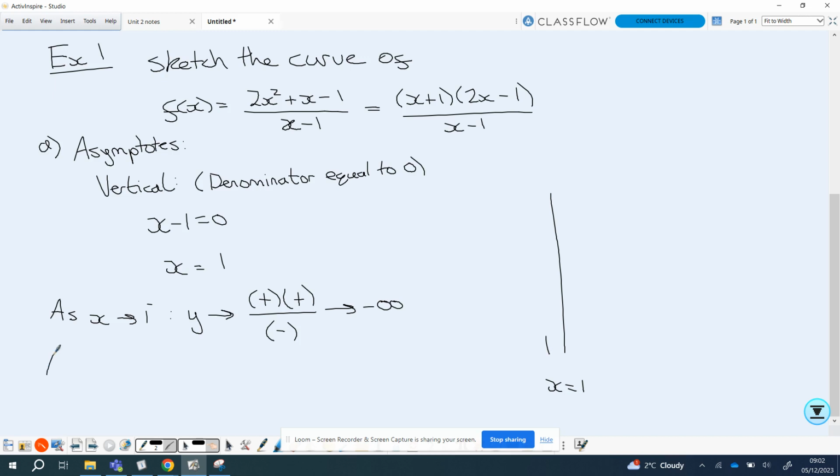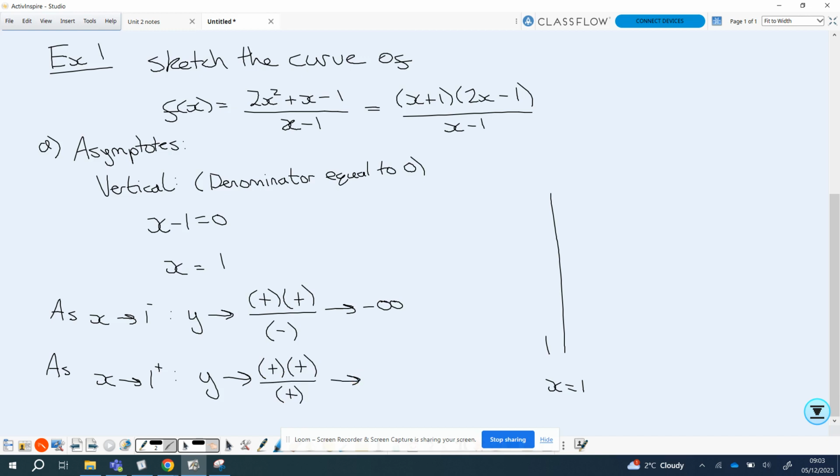We'll now do the same regarding the other side. So as x now goes to 1 from the right hand side, you're picking a value something like 1.1, sub into your function, see what happens. So we're going to get a positive on both the numerator factors and also on the denominator factor.